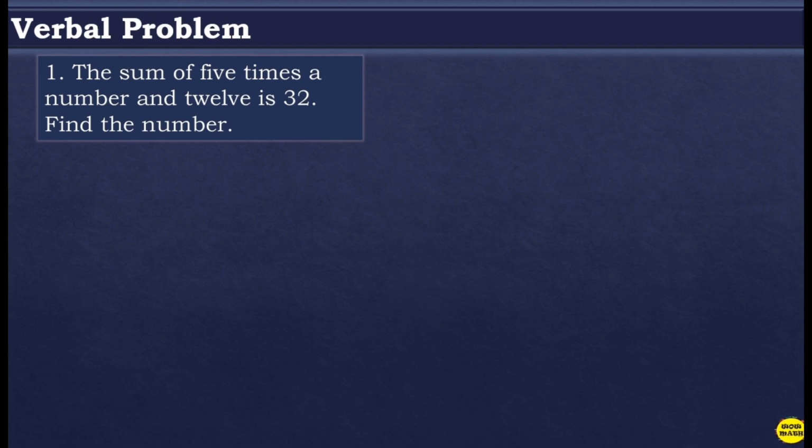So again, we're going to follow the step-by-step process in solving word problem. First step is to understand. After understanding the problem, we are going to make representation of the given.